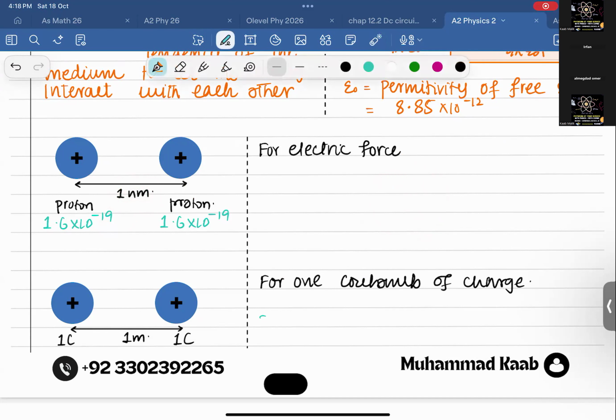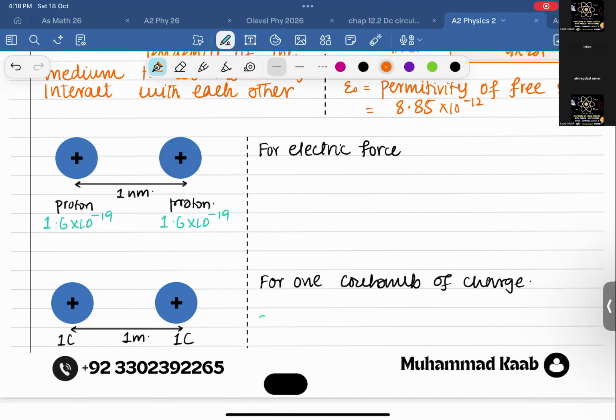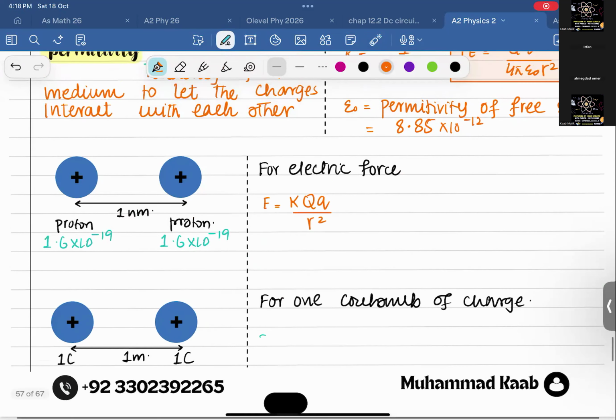So if we try to find out their electric force, we can use the formula F is equal to kQ squared over R squared, right?